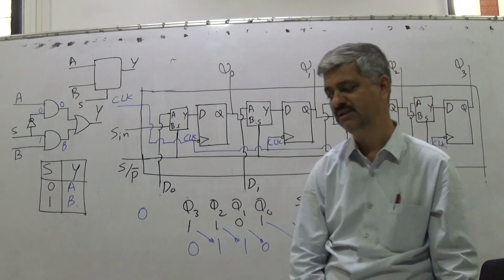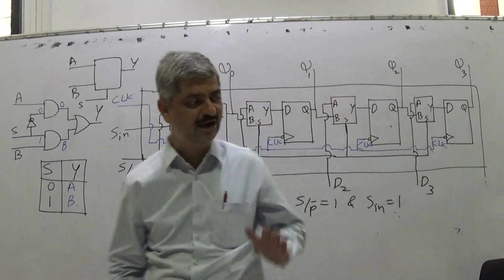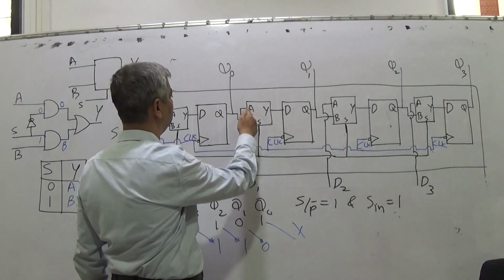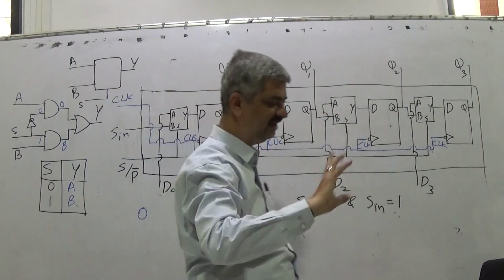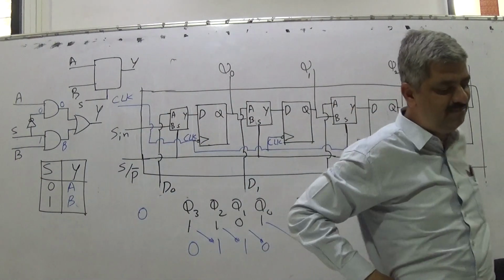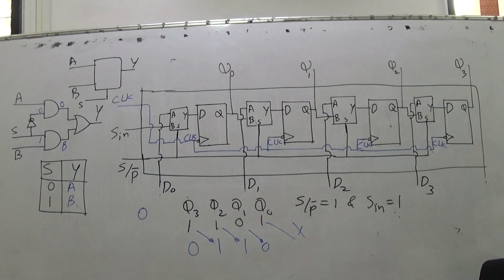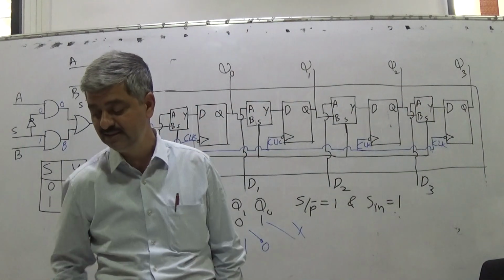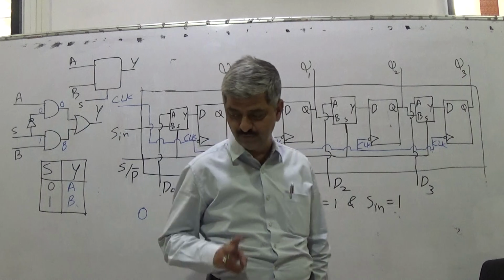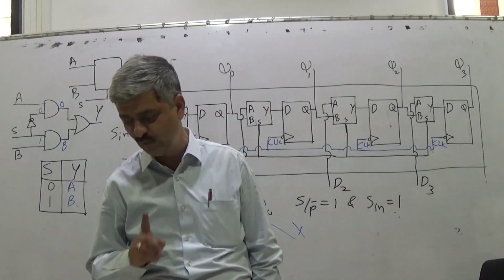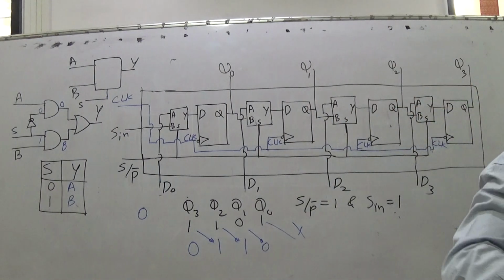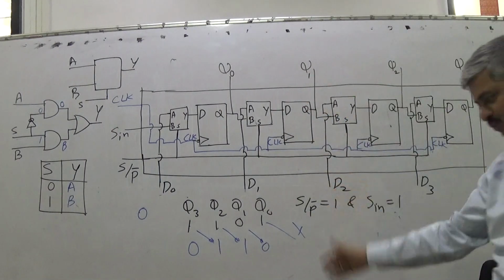So the question is, without making any changes in the internal hardware, by making some external connections, will it be possible for you to achieve the loading of shift register in a reverse manner, that is right shift? So we have seen 2 modes of operations. Number 1, parallel mode. In parallel mode, D0, D1, D2, D3 appear on Q0, Q1, Q2, Q3.